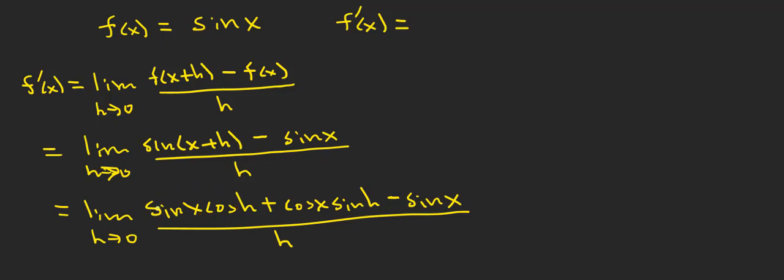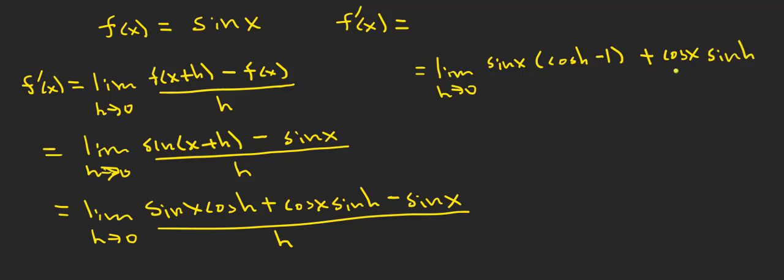Now, look at these two terms here. They have a common factor, which is sine x. So I'm going to take out sine x. So you get cosine h minus 1, and then plus cosine x sine h, all over h.